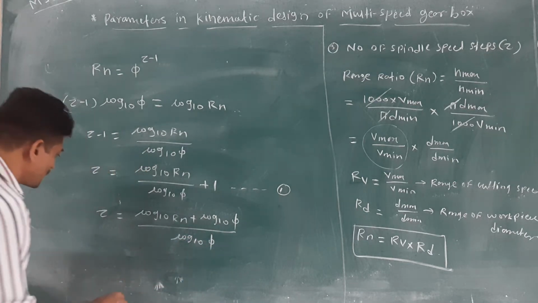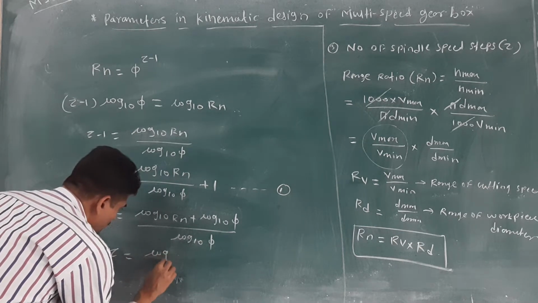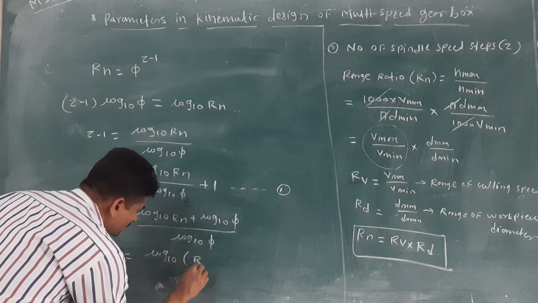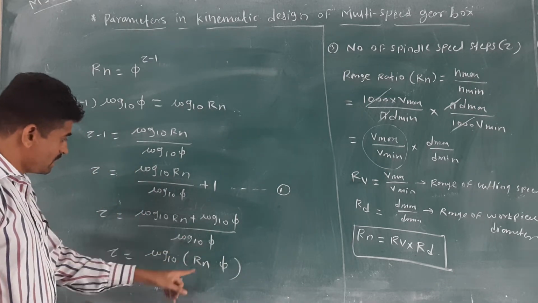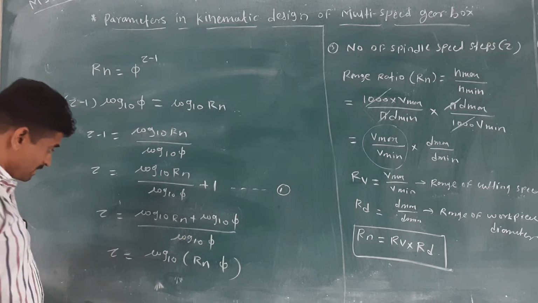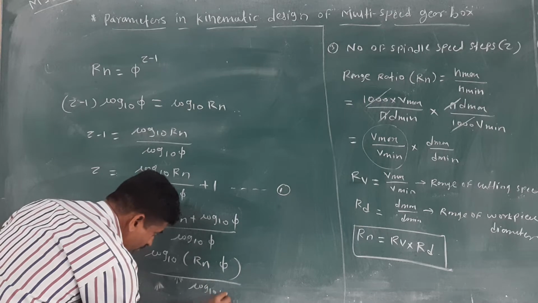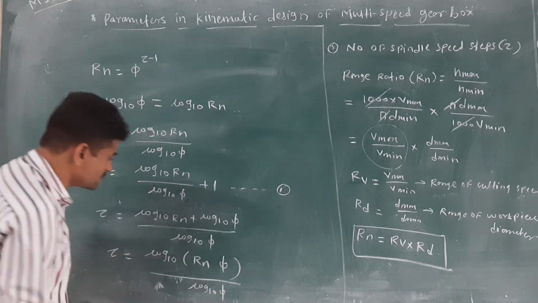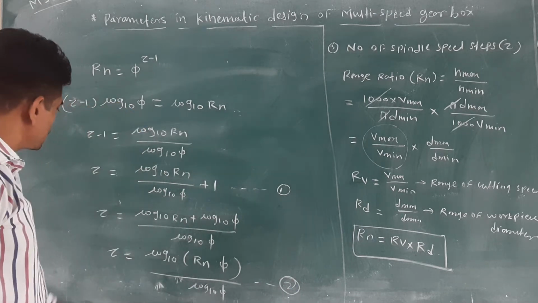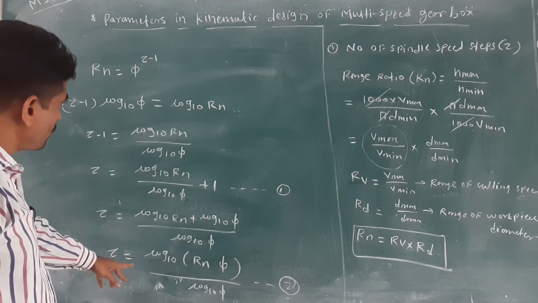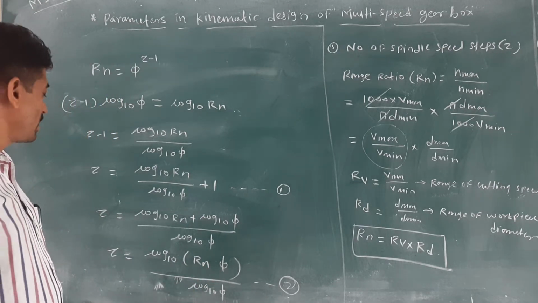Or we can write again in mathematics, z is equal to log 10, I will take the outside, then you will get Rn into phi. The summation means we do the multiplication in the log, and you will get log 10 phi. This is equation number 2. Guys, this is a very important equation. Check that: z is equal to log 10 Rn into phi divided by log 10 phi.